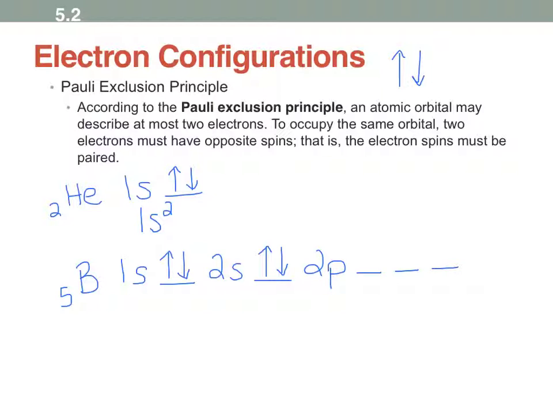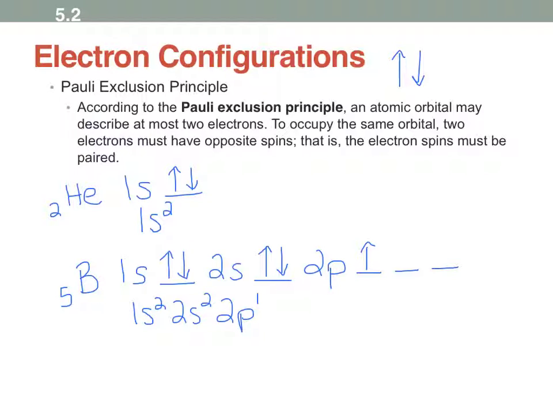But for this element, there's only 1 electron in it. So my short form for this would be 1s2, 2s2, 2p1. You can add this up. If you add up the superscripts, it should add up to your element. It does add up to 5, so that tells me it's boron.